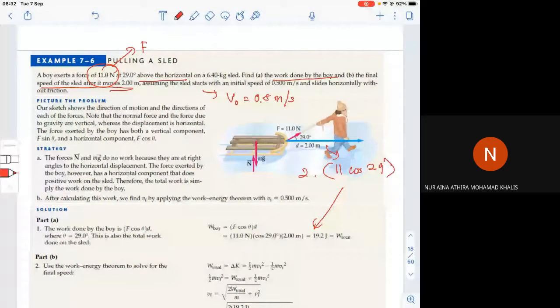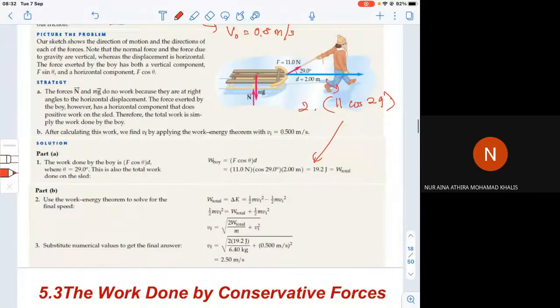From the work energy theorem, we write W equals delta KE, which is half m v final squared minus half m v initial squared, equivalent to the total work. So 19.2 is equivalent to that value.